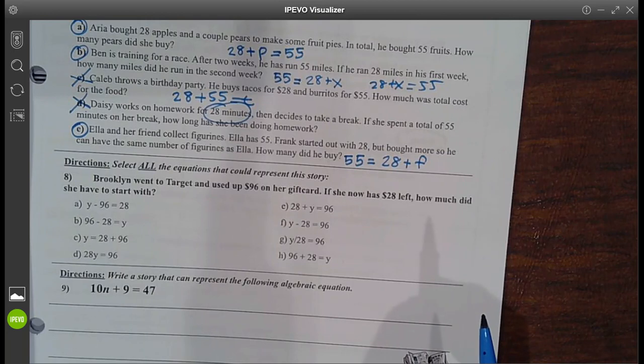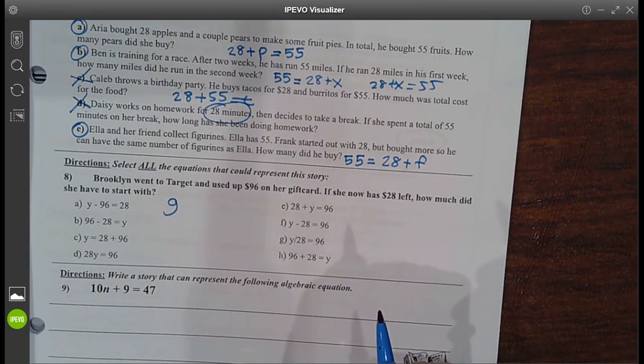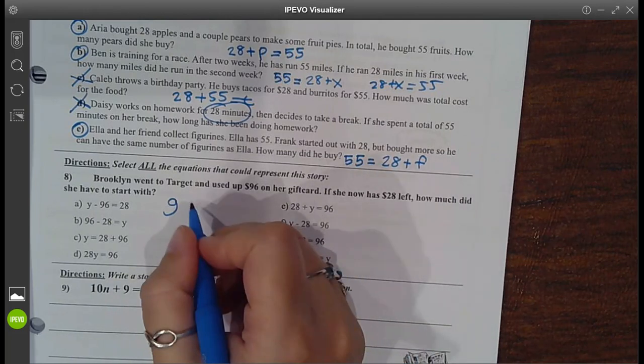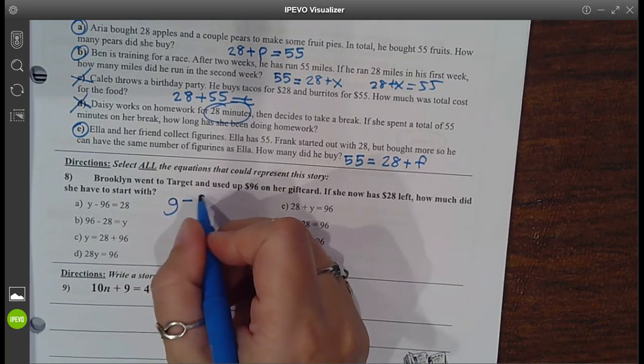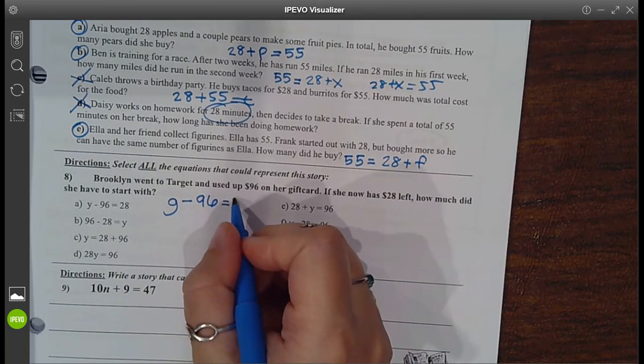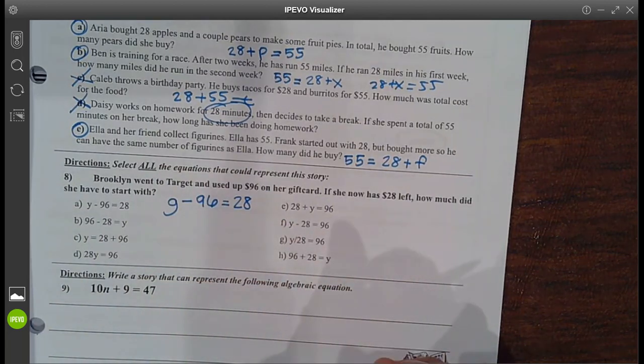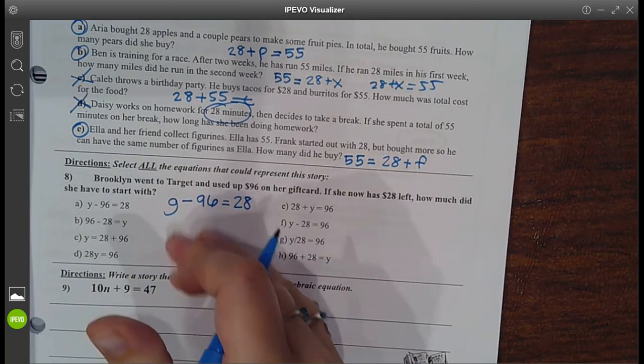Okay, so you have some unknown amount on your gift card. And then when you use up or spend, that goes away. She spent 96, and that's equal to how much you have left. Okay, now since I have to choose a bunch of matching equations, I'm going to pick some other ones that match this.